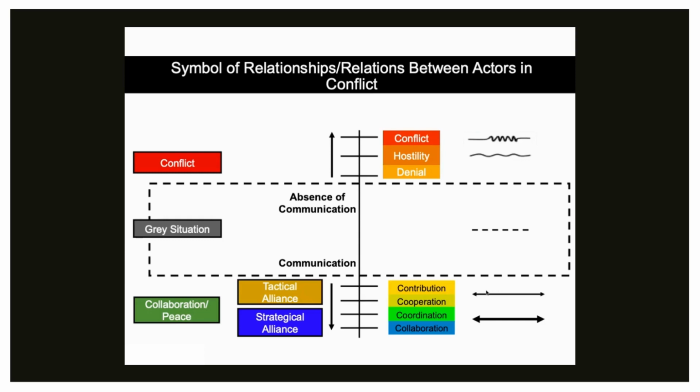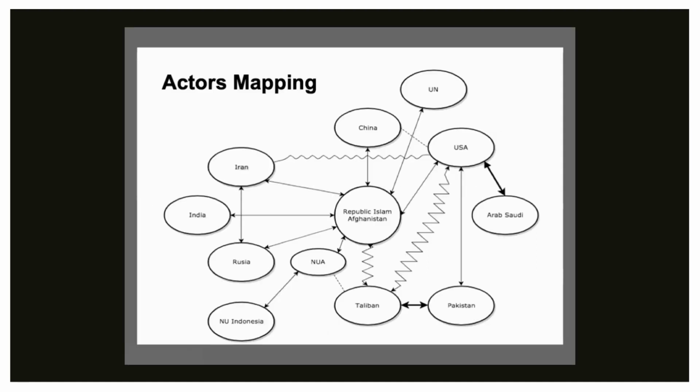This is the legend for the tactical alliance. After cooperation, the conflicting parties become more coordinated and collaborative. The coordination and collaboration situation is what we call the strategic alliance relationship. Then there is the hostility and denial situation, and after the hostility comes the conflict.